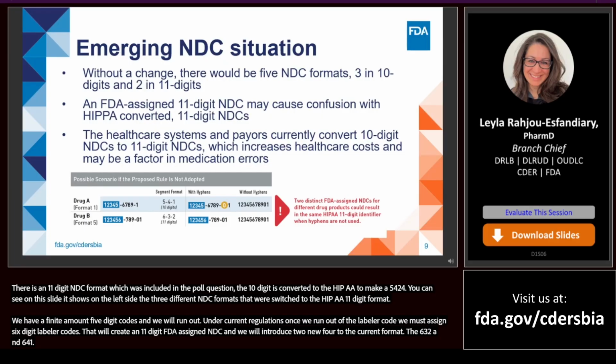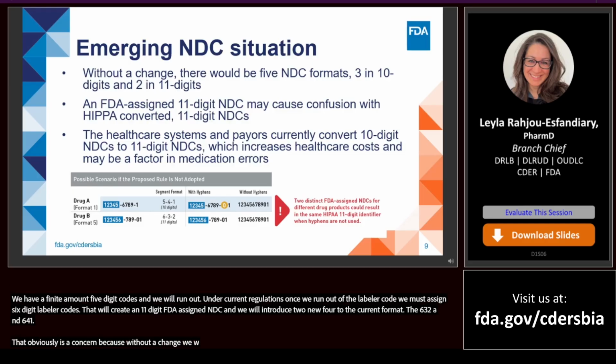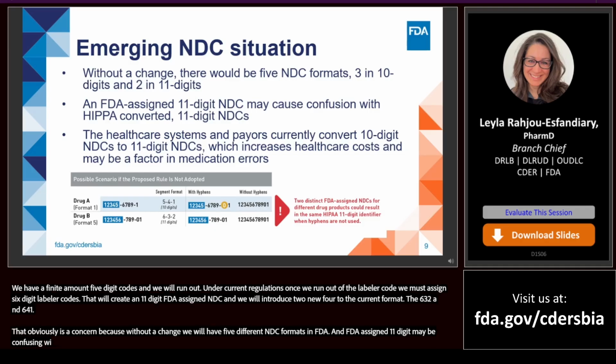That obviously is a concern because without a change, we will have 5 different NDC formats in FDA, and an FDA-assigned 11-digit NDC may be confusing with a HIPAA-converted 11-digit NDC. And not only is it costly, all these conversions, but it may also cause medication errors, which is a grave concern.